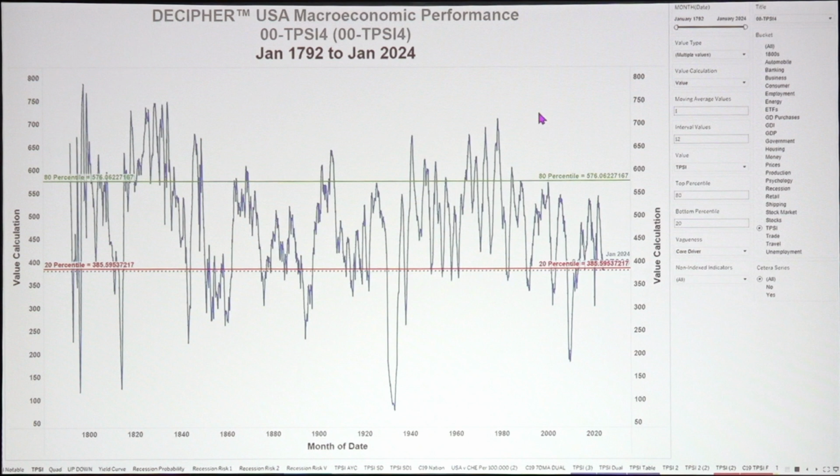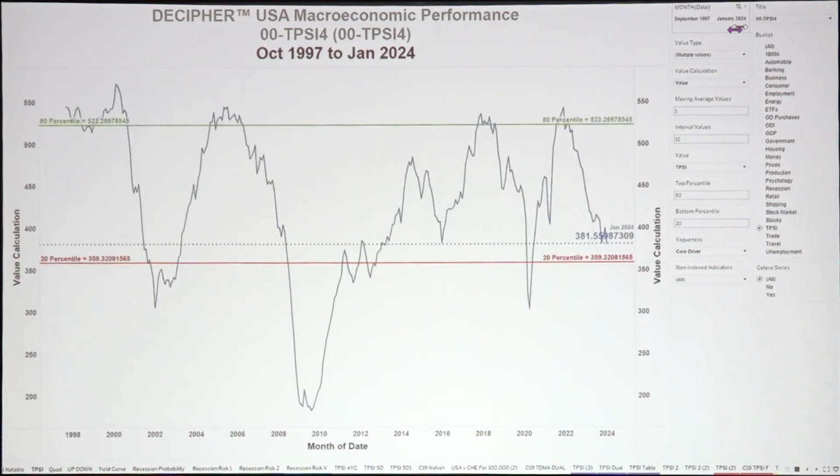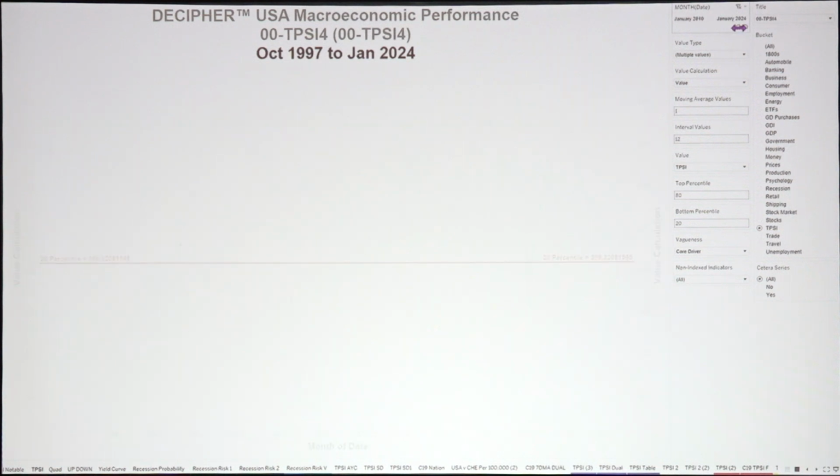Whether it's World War I, World War II, the invention of the airplane, the invention of the automobile, the pandemic, it does not matter. Things behave in cycles. So we're not going to go through all 31 cycles that we've experienced since 1792. We're going to magnify this, let's magnify it just a little bit more.